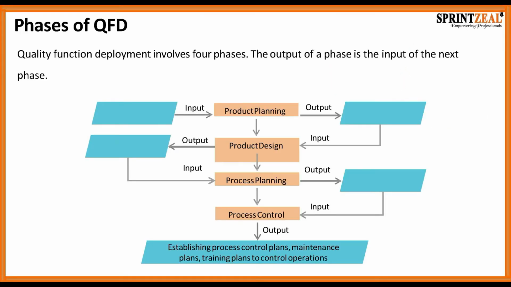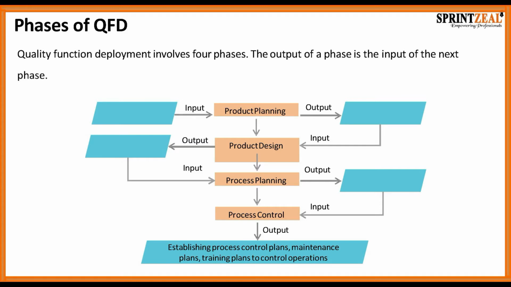So here's a great diagram on quality function deployment because it involves 4 phases. The output of a phase is the input of the next phase. So in the beginning, you see that we have this input that goes into product planning. That product planning then creates an output, which then becomes the input of the product design.